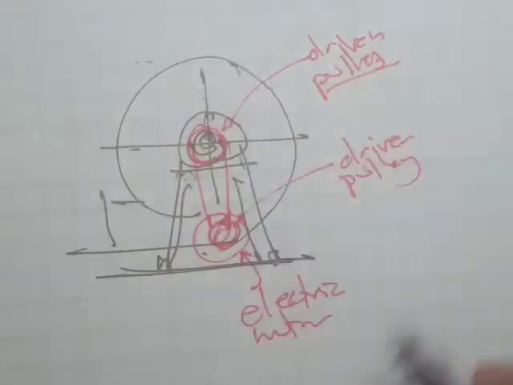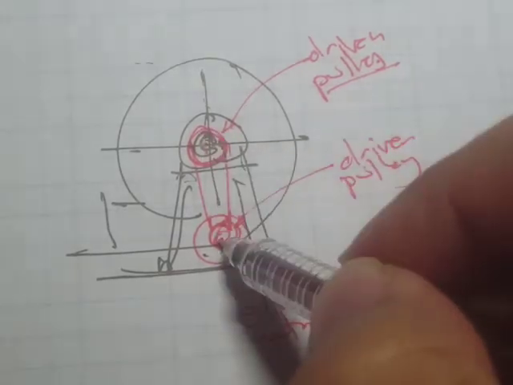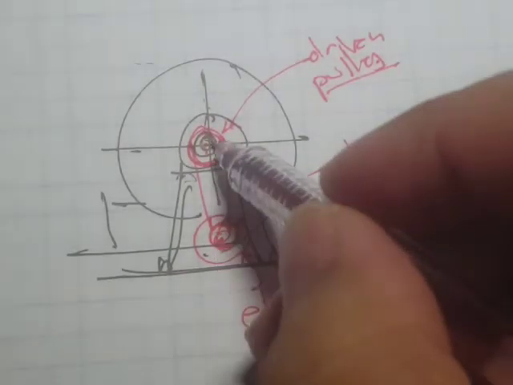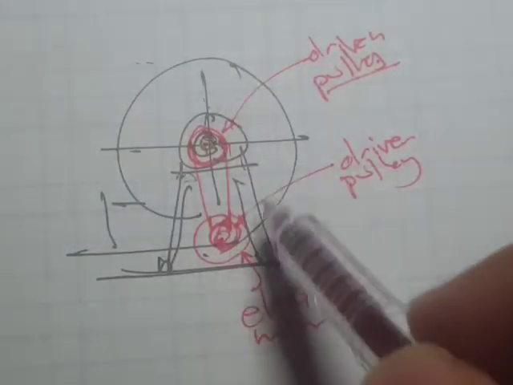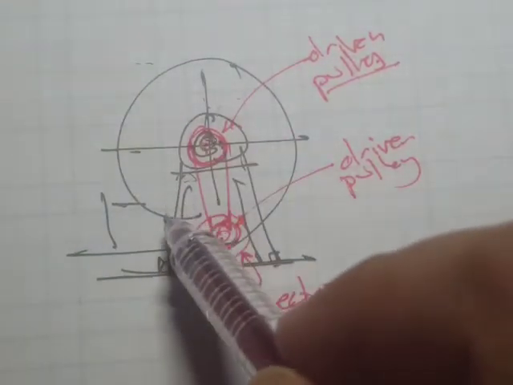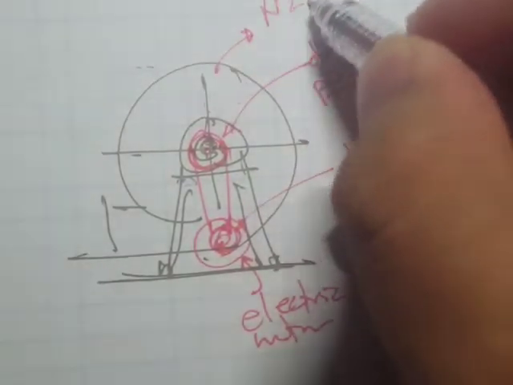Okay, so my point right here again is that you would already know the center distance. And most likely you would already know the speed, because you have a specified speed already for the fan. So that's why you should have this n sub 2 as well.